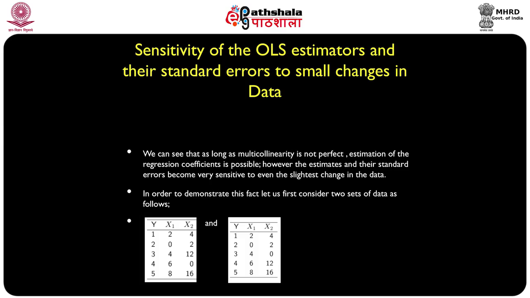In each of these datasets, we have a y variable, which is the dependent variable, and we have two explanatory variables x1 and x2 in each case. We use these two datasets and, using the lm function in R, we fit two separate regression models to the datasets.